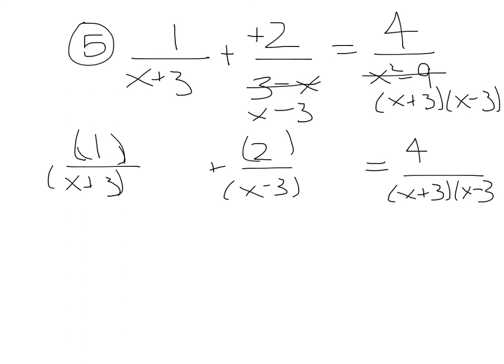And when I look at the denominators, I realize I will need to multiply by an x plus 3 and an x minus 3 to get rid of this and both of those. So I'm going to go ahead and multiply by my x plus 3, x minus 3 on each of these terms.